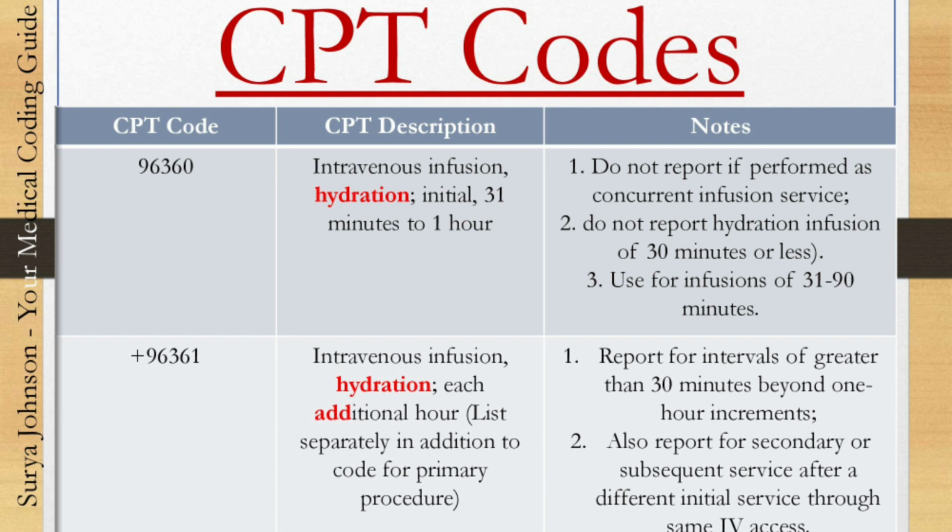For example, if the patient has already received 1 hour of hydration and it goes on to 1 hour 1 minute, you cannot code this, because it also requires a minimum of 30 minutes to be coded. So the first point states, report for intervals of greater than 30 minutes beyond that 1 hour increment. That means if it is crossing 90 minutes, if it goes to 91 minutes, then this code should be coded.